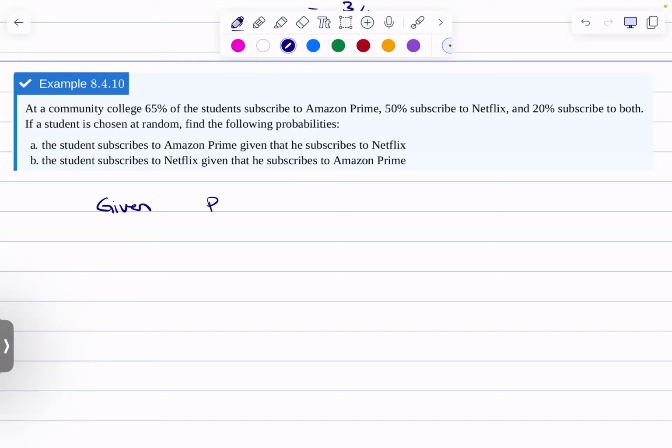The probability of P and N is 0.2 divided by the probability of N. Now remember, the full probability of N is 0.5.